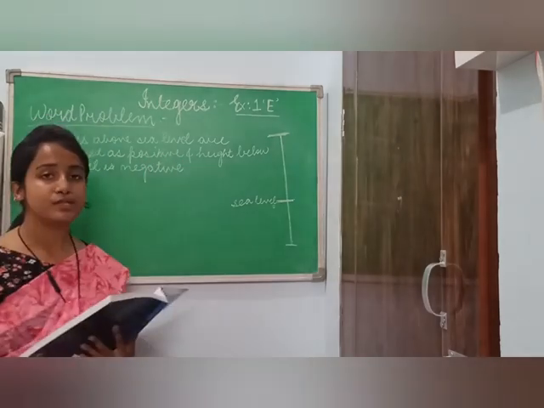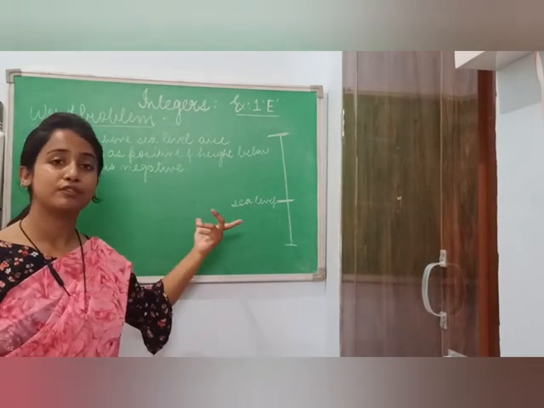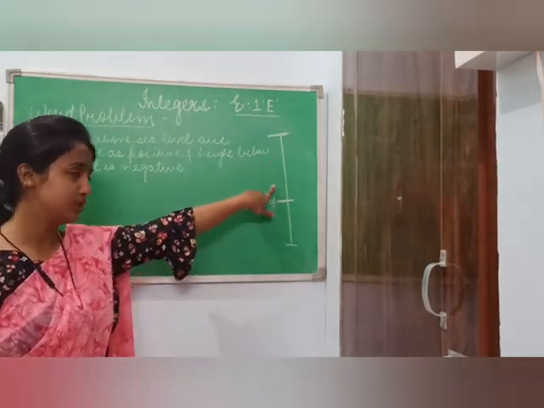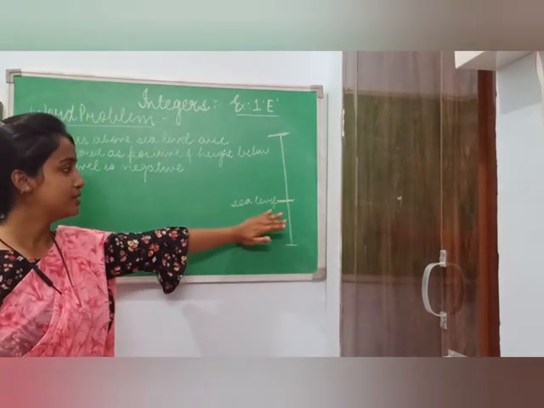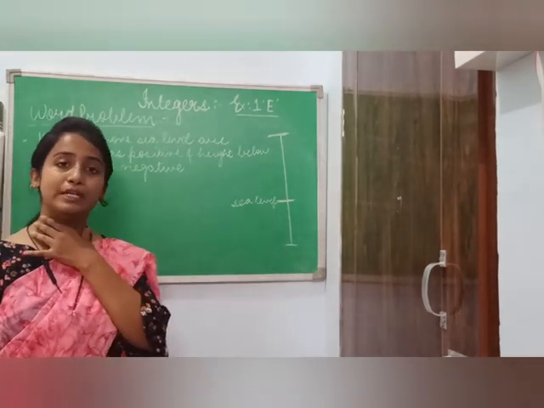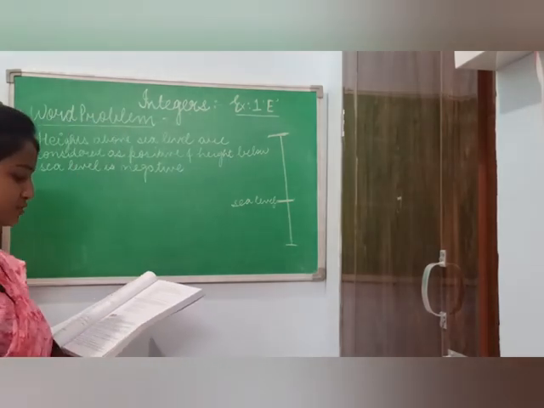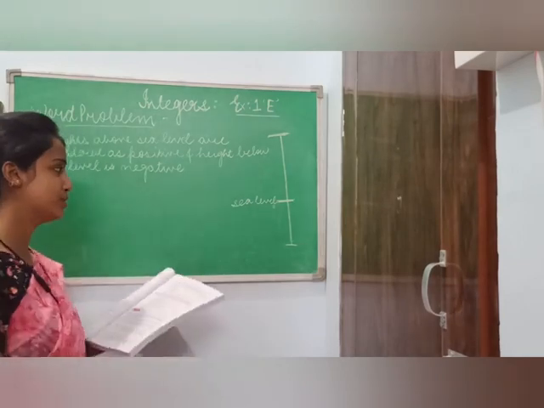Now, this is a remark for the question. That means whatever distance is given above the sea level will be considered over here, which will be positive, and the distances given below the sea level will come under this, will be negative. So our question says that a plane is flying at a height of 6,300 meters above the sea level.